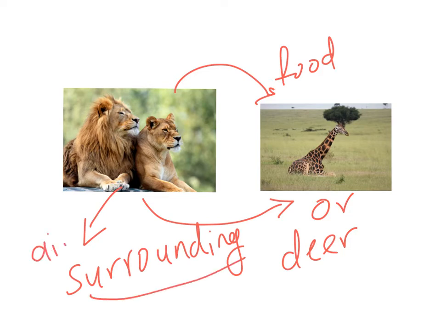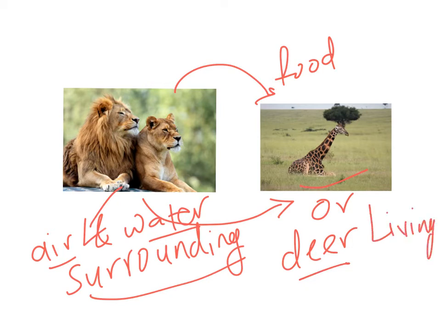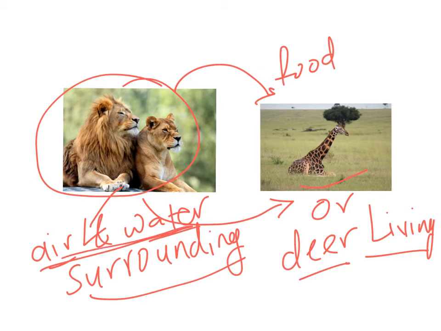So air and water they get from their surroundings. These two are non-living things, whereas a deer or a giraffe are living things. So all living things depend on living and non-living things for them to live.